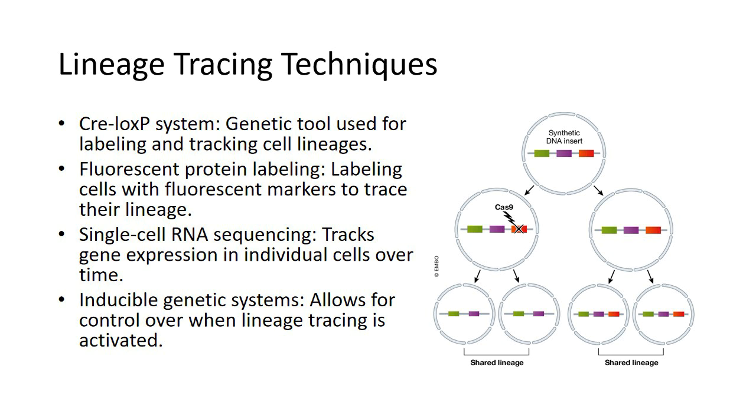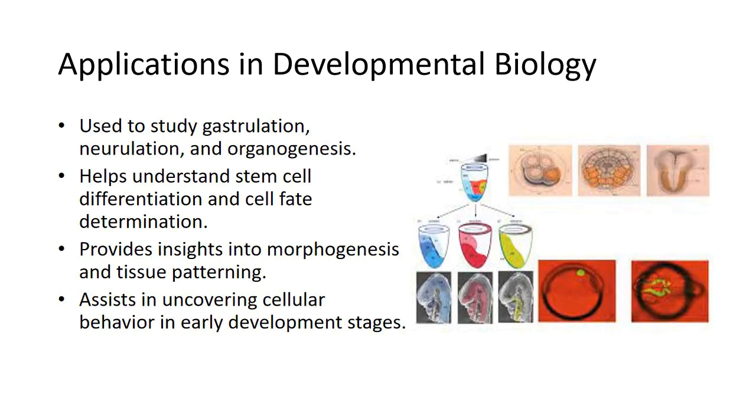E. Investigating developmental diseases. Lineage tracing helps researchers understand how developmental defects arise, such as those seen in congenital disorders, cancers, and neurodevelopmental diseases. By tracing the developmental history of diseased cells, scientists can uncover potential causes of abnormal tissue development.